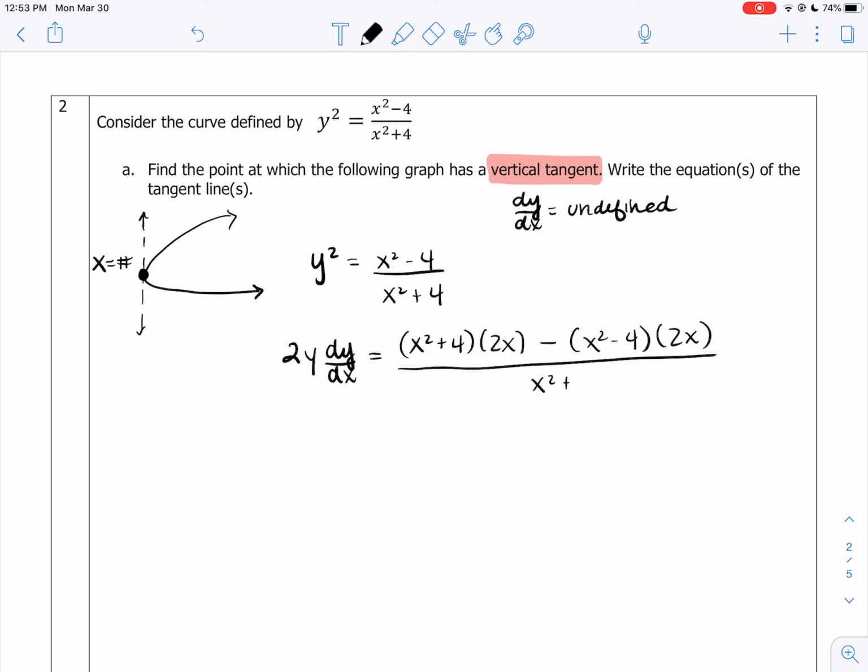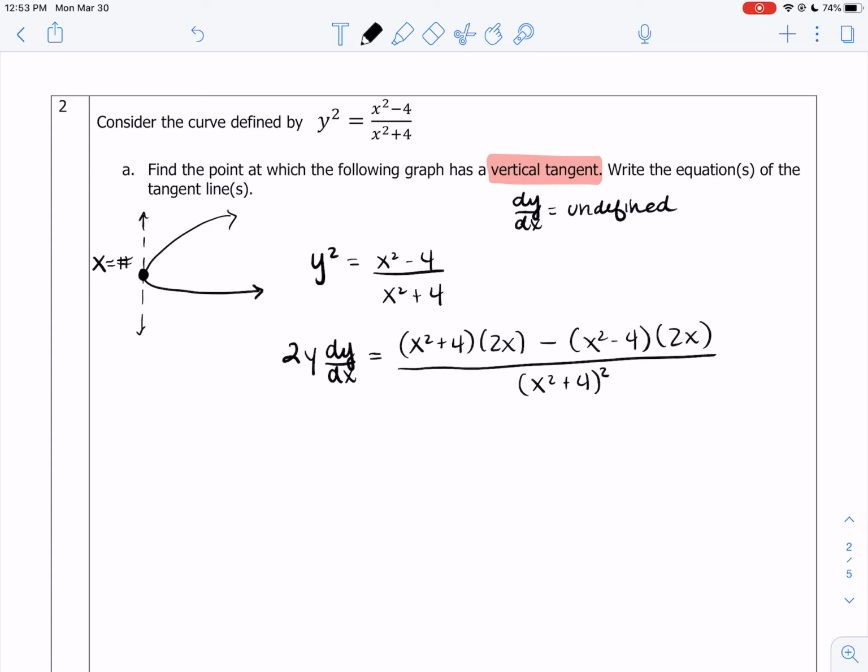So we have x squared plus 4 squared. Note that on the right-hand side, we did not use a chain rule.